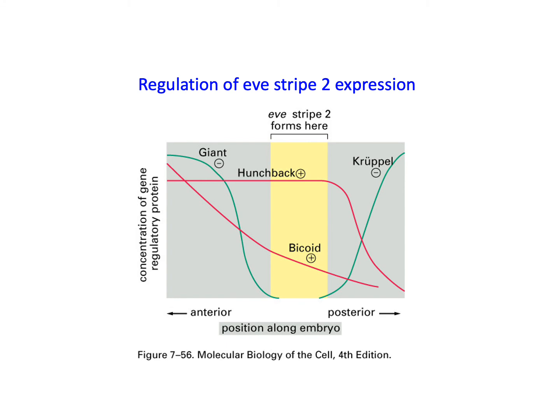And so those are positive regulators of Eve, whereas giant and Krupel are expressed outside of the stripe and are negative regulators of Eve. So giant and Krupel turn off Eve, hunchback and bicoid turn on Eve. And so by setting up these patterns of upstream genes across this region of the embryo, we can get expression of Eve in this STRIPE2.